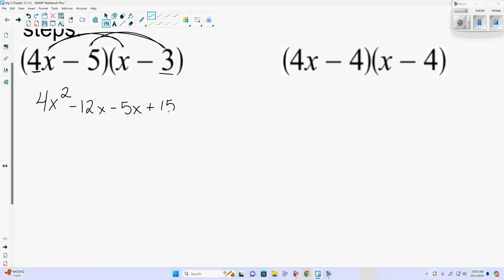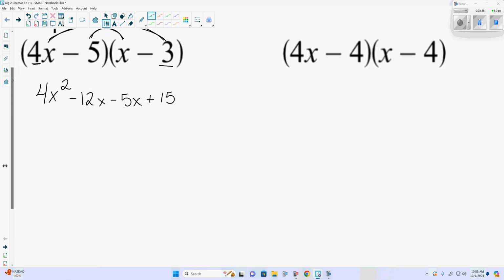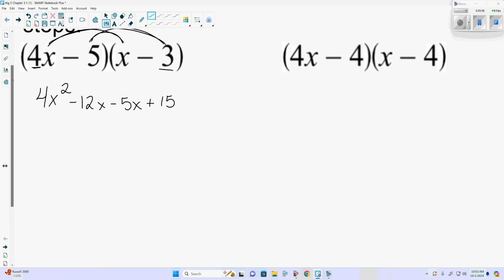Negative times a negative is a positive, and 3 times 5 is 15. And then we'll need to combine like terms. Questions on this so far?